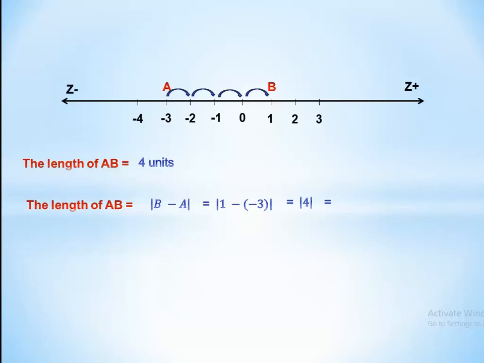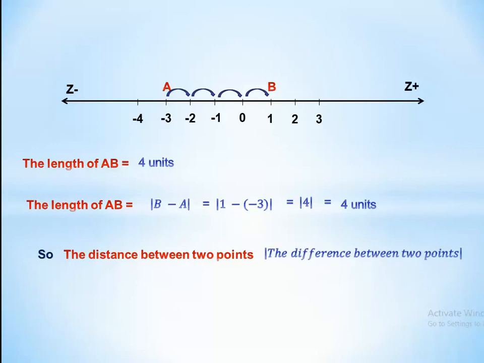Modulus 4 equals 4. We know that any number inside a modulus becomes a positive number. So the distance between 2 points equals the modulus of the difference between the 2 points.